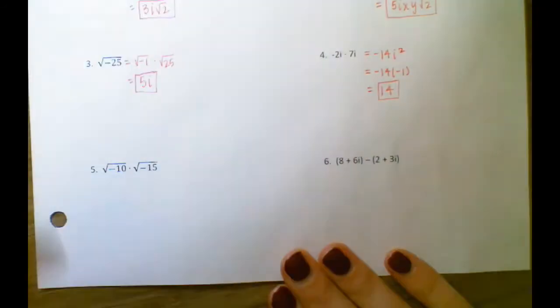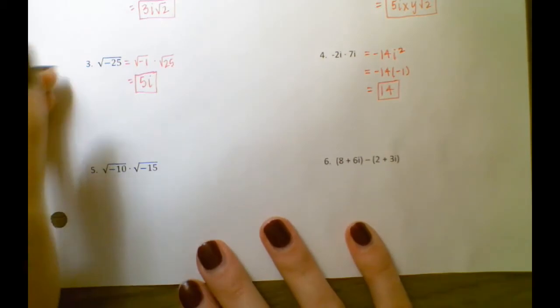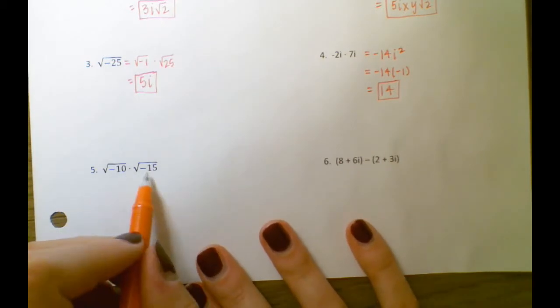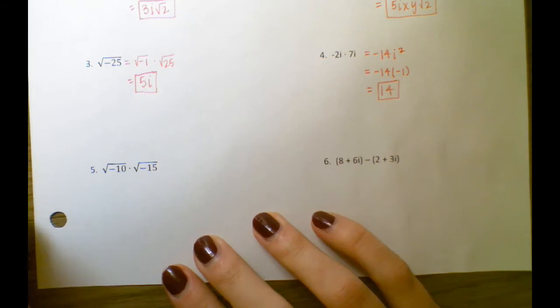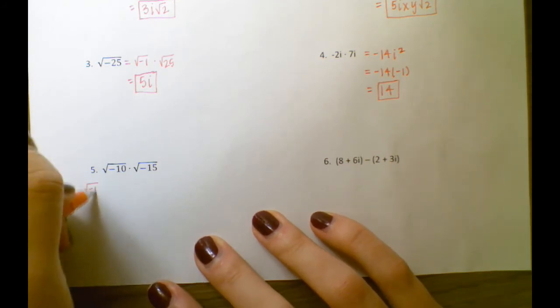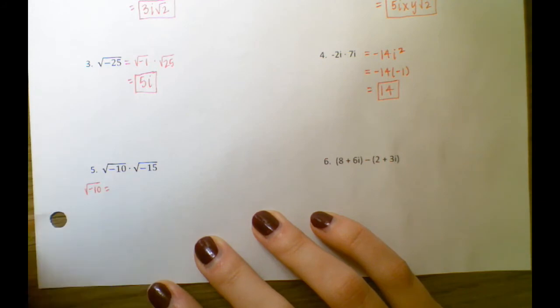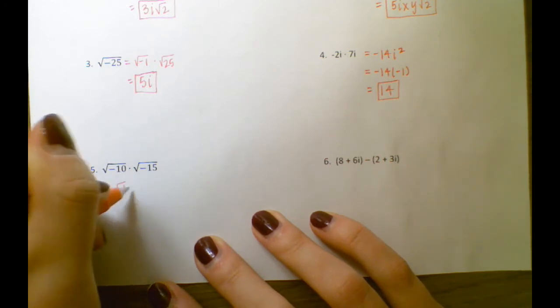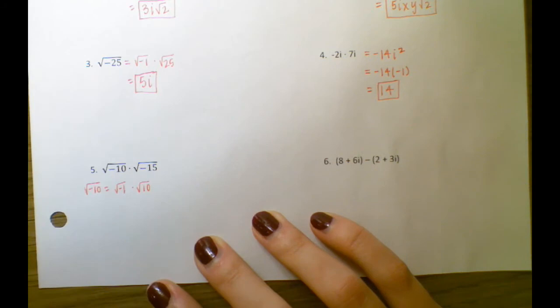All right, number 5. I'm going to move this down just a little bit for some more room. All right, so I am doing the square root of negative 10 times the square root of negative 15. So I'm going to just focus on doing the square root of negative 10 first and simplifying that guy. So this gives me square root of negative 1 times the square root of 10. Alrighty.